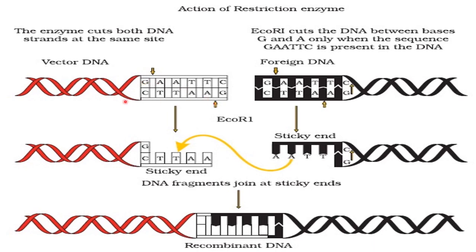And in the other strand also you can see it cuts the DNA between adenine and guanine, right? This is the cutting site for EcoR1, and this complete sequence is the recognition site for EcoR1. In foreign DNA also it cuts between G and A, and here also it will cut between G and A. So this is fixed for EcoR1.